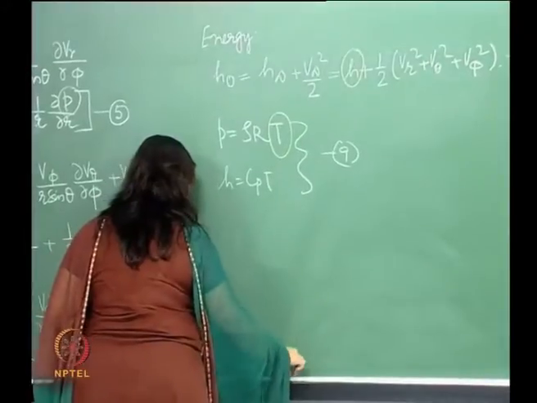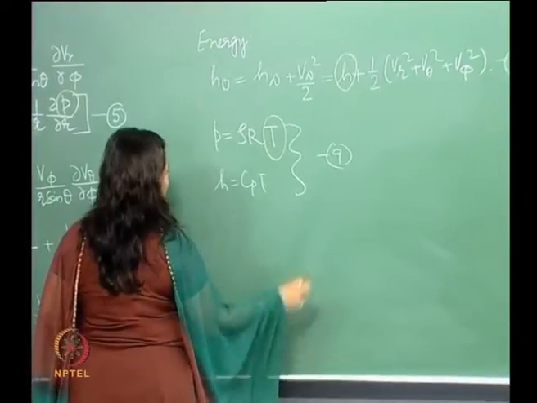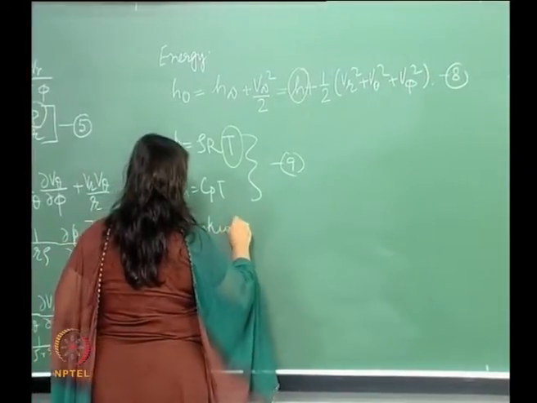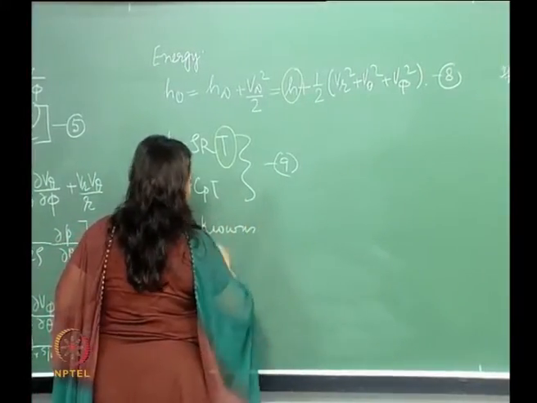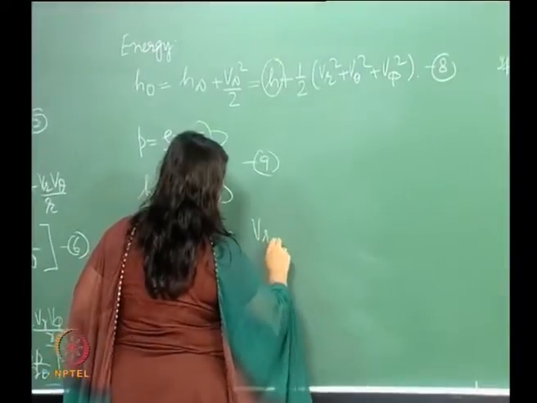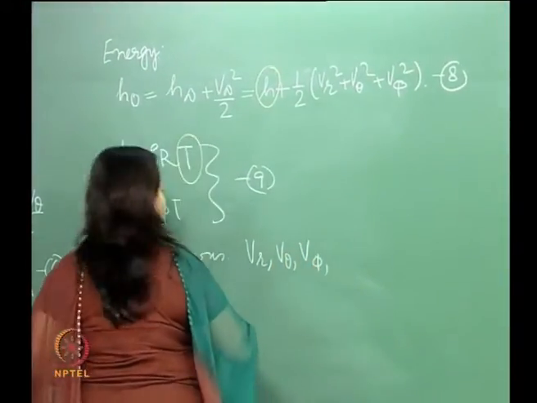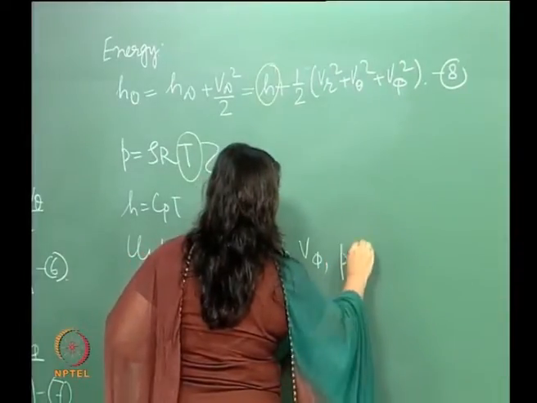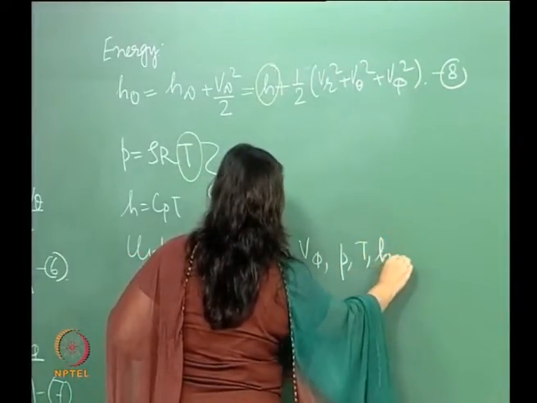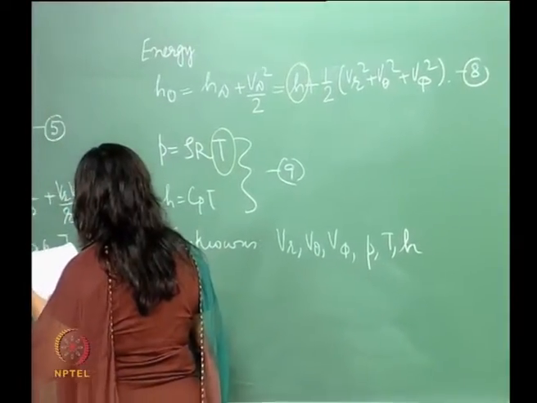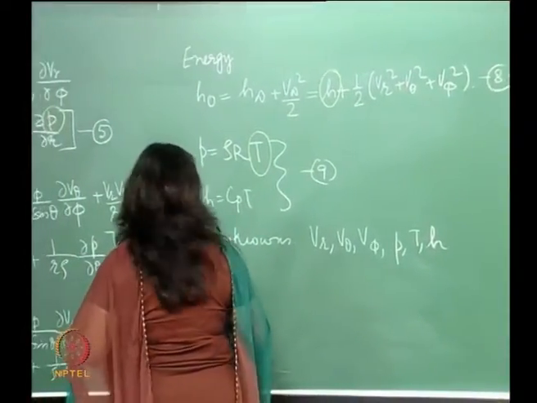If I were to write that down, our total unknowns are V r, V theta, V phi, then pressure, temperature, enthalpy, and what else? Oh, and the density, I forgot about that one.